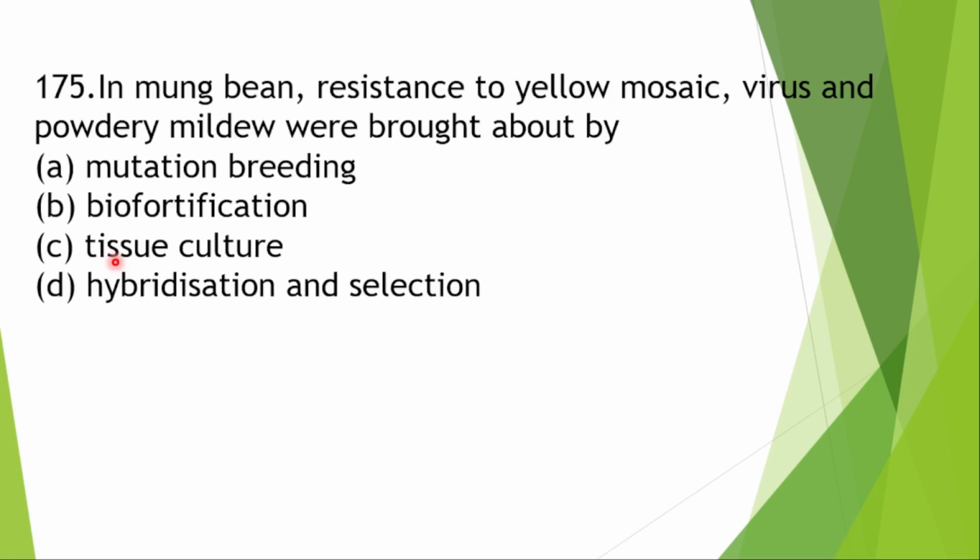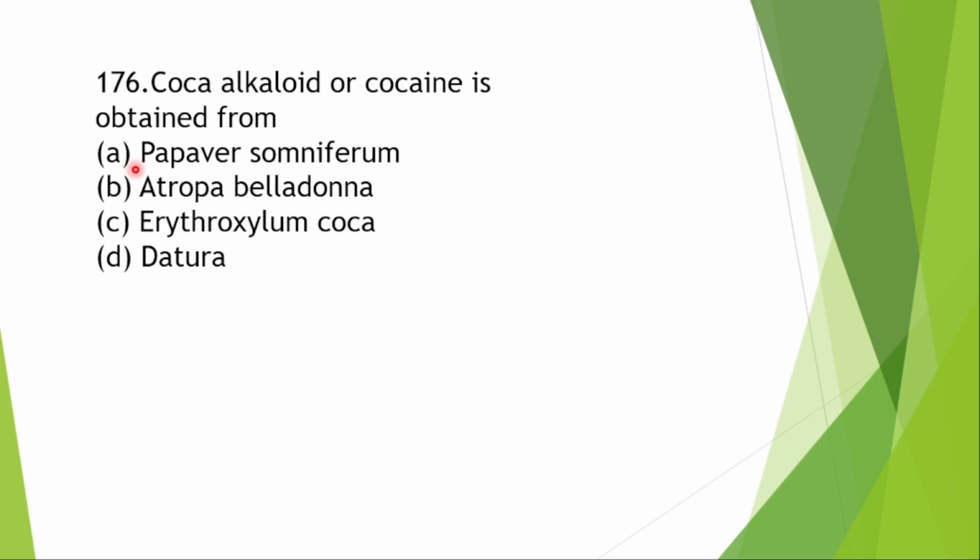175. In mung bean, resistance to yellow mosaic virus and powdery mildew were brought about by mutation breeding, biofortification, tissue culture, hybridization and selection. So here mutation breeding is right. 176. Cocaine alkaloid is obtained from Papaver somniferum, Atropa belladonna, Erythroxylum coca and Datura.